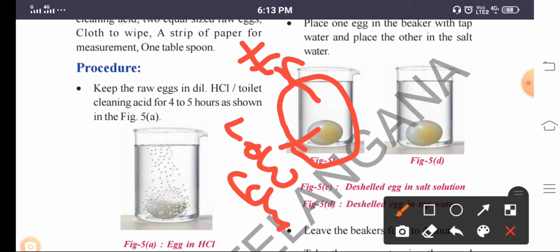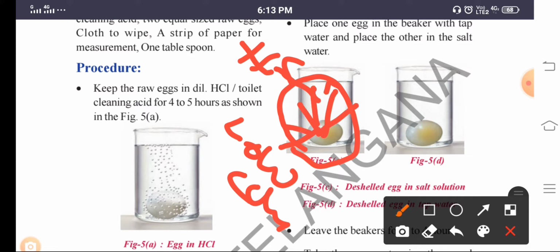So here osmosis occurred. Osmosis means movement of water molecules from low concentration to high concentration. Low concentration where? In the egg. High concentration where? In the beaker. So water moves from the egg into the beaker.